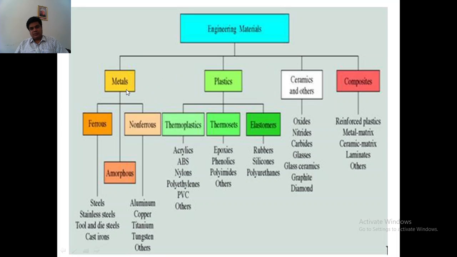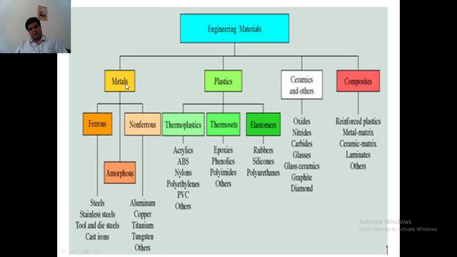The first one is metals and alloys. For example, you have mild steel, or simply steel, which all of you are familiar with. Steel is an alloy of iron and carbon. Iron is a pure metal. Like that we have copper, aluminium, silver, gold, cobalt or magnesium. They are all metals, elements in pure form, and steel is an alloy.